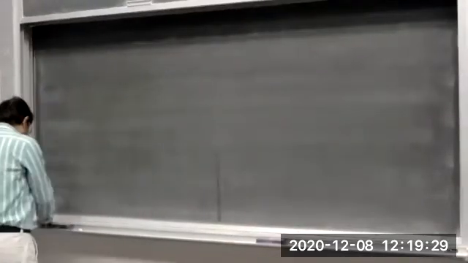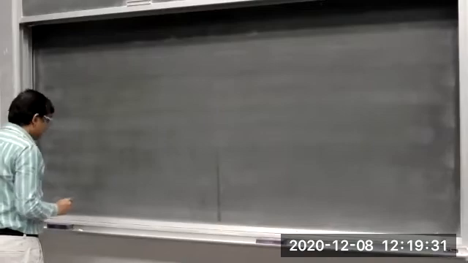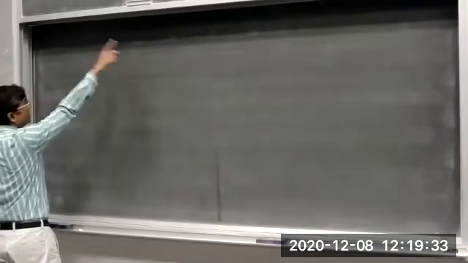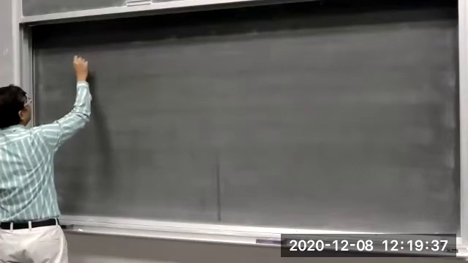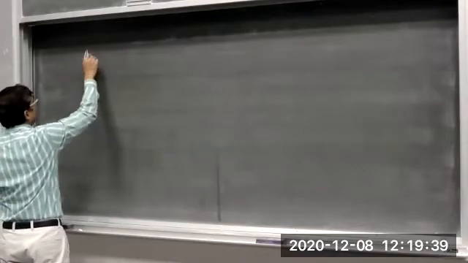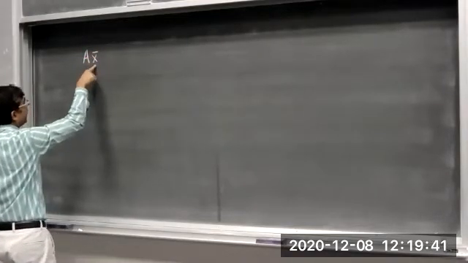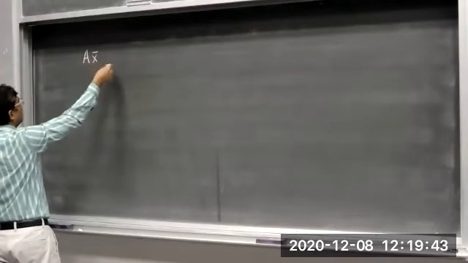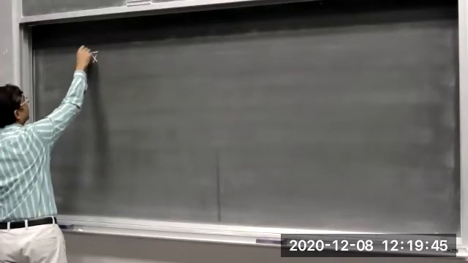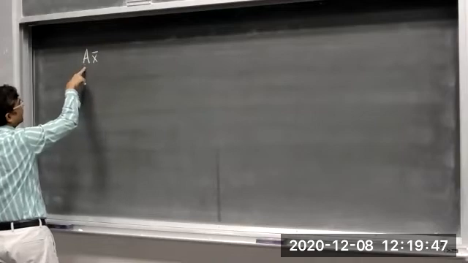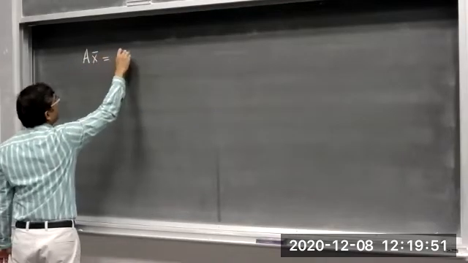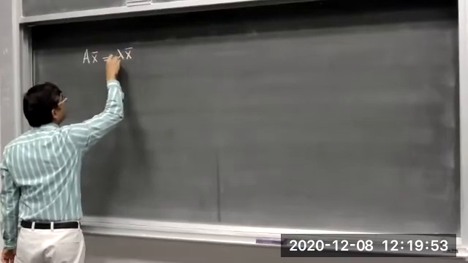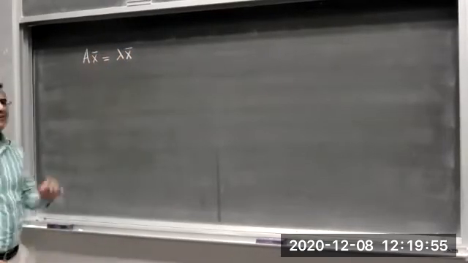Now, how do we find these vectors? According to that geometrical interpretation, we can define that if we have some vector x in some space R^n, and A is the transformation, when we multiply A with x, we get the same x scaled by some lambda, the scaling factor.